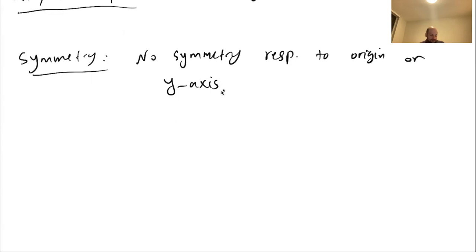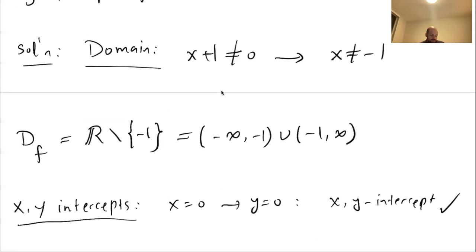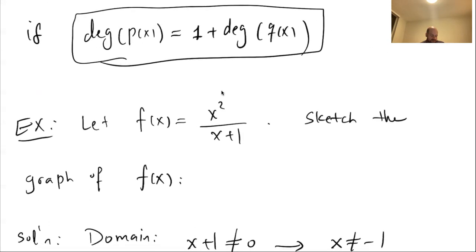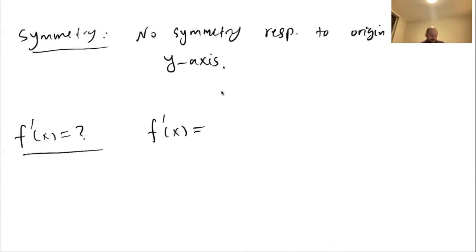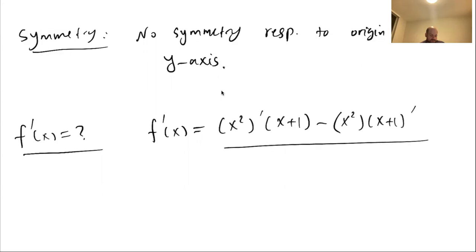And then for f prime, we need to find f prime of x. Of course, I can use the quotient rule. I have a fraction here, so for finding the derivative, I can use the quotient rule: x squared derivative times x plus 1, minus x squared times x plus 1 derivative, divided by x plus 1 the whole squared.